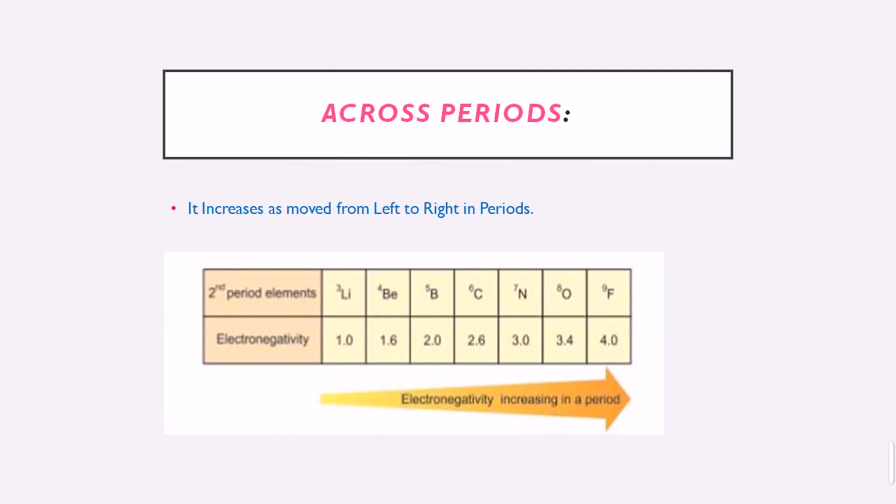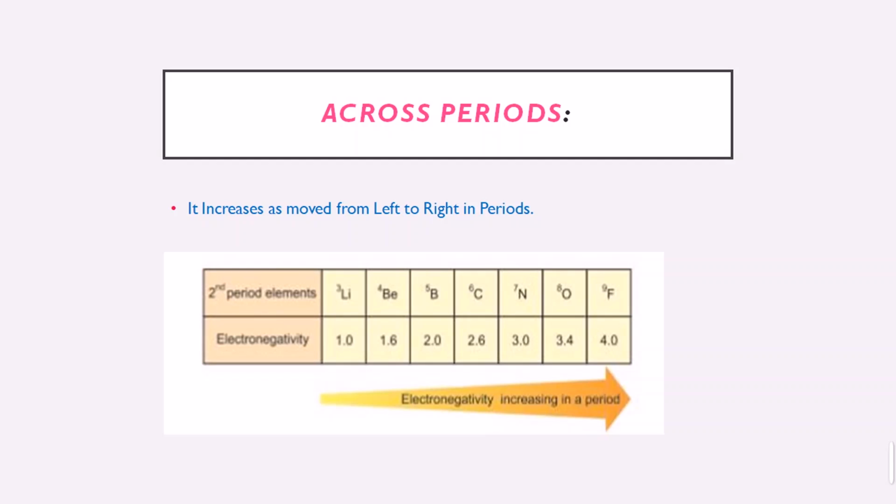Electronegativity is a factor explained by electron affinity and the shielding effect, and it increases from left to right in a period. If we talk about the second period elements, lithium, beryllium, boron, carbon, nitrogen, oxygen and fluorine, here is a scale that represents the electronegativity of each element in the periodic table.